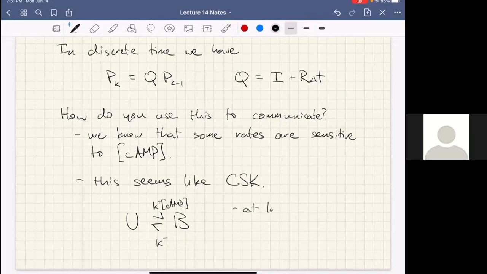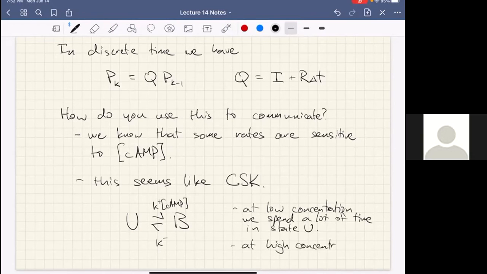At low concentration, we spend a lot of time in state U. At high concentration, we spend a lot of time in state B.